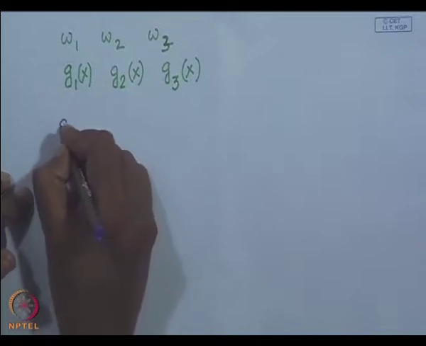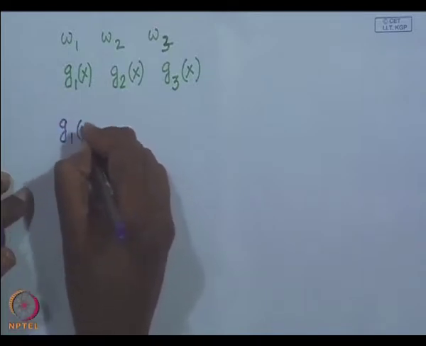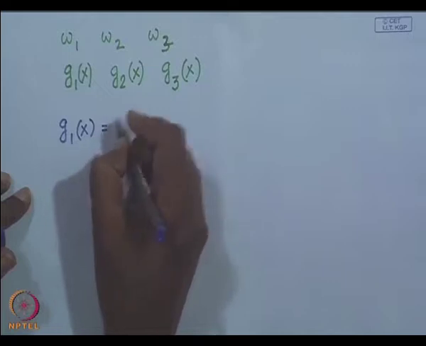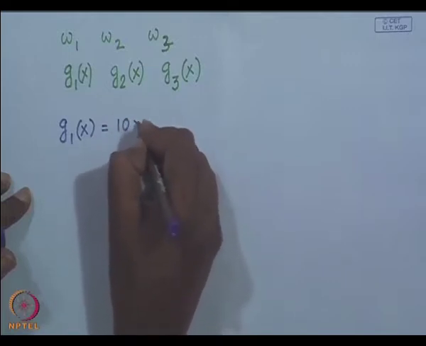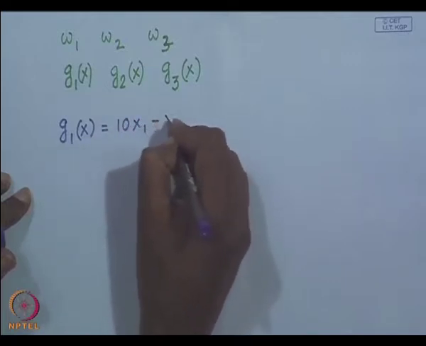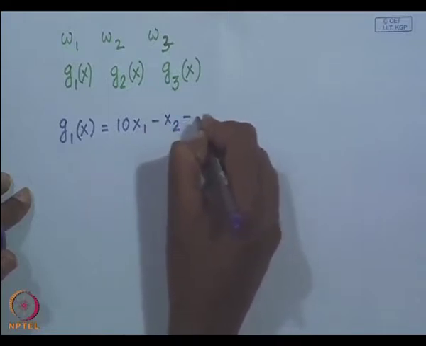Now let us see what are the different functional forms each of these linear discriminating functions have. I will put, say, g1(x) equal to 10x1 minus x2 minus 10.